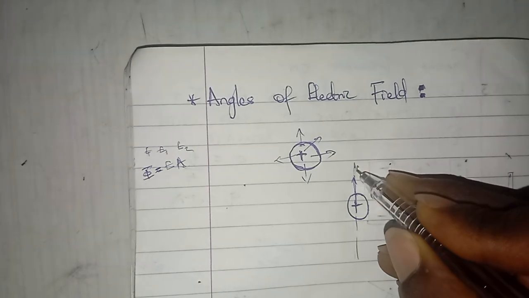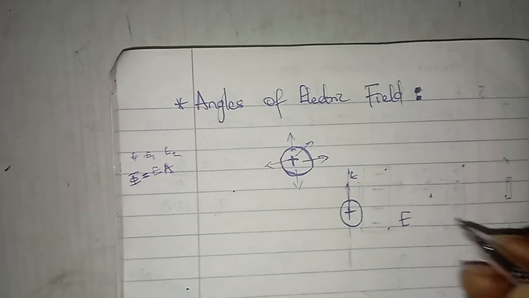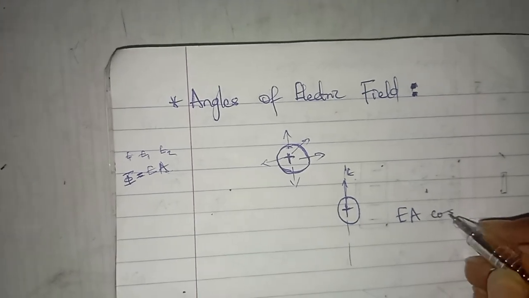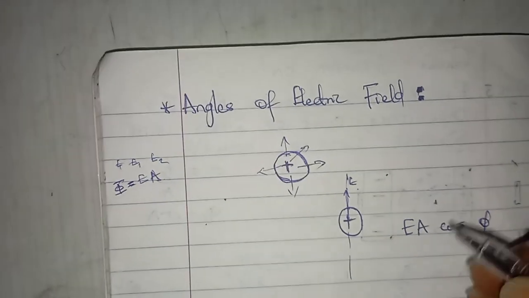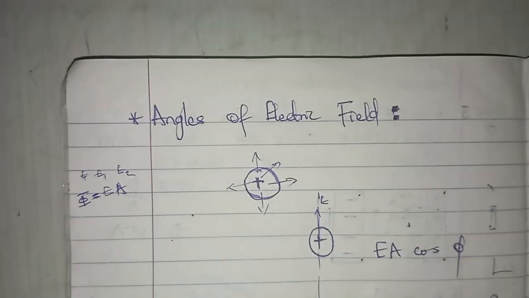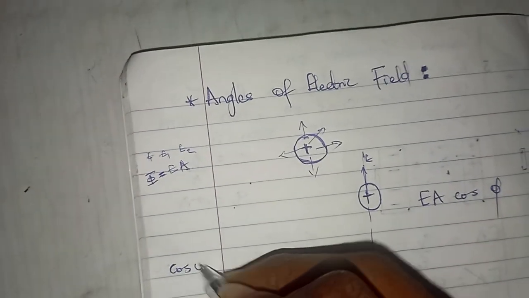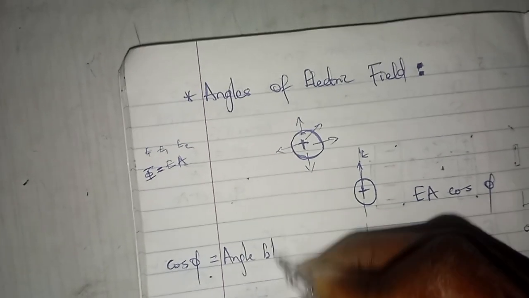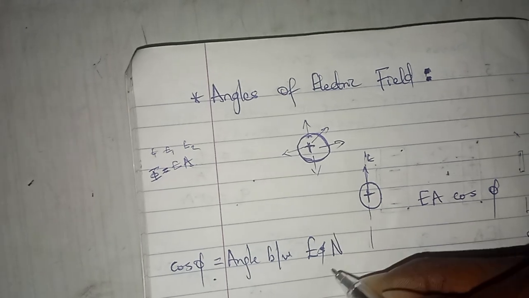So let's say the electric field is here. We can see that in this case, EA will be the same thing as saying EA cos phi, not theta, cos phi. It always means the angle that connects the electric field and the normal line. So cos phi, not cos theta, is the angle between the electric field and the normal line.